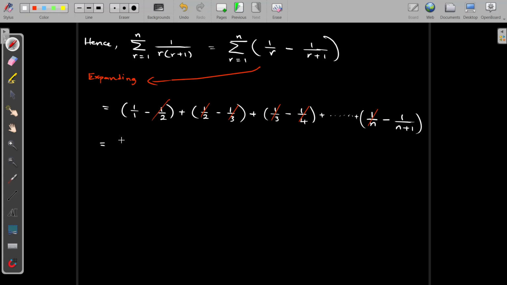Alright, so what we're left with now is the sum from r equals 1 to n, and that's going to be equal to 1 minus 1 over n plus 1. And this would be your answer. So you just leave it like this. Good? Yes, sir.